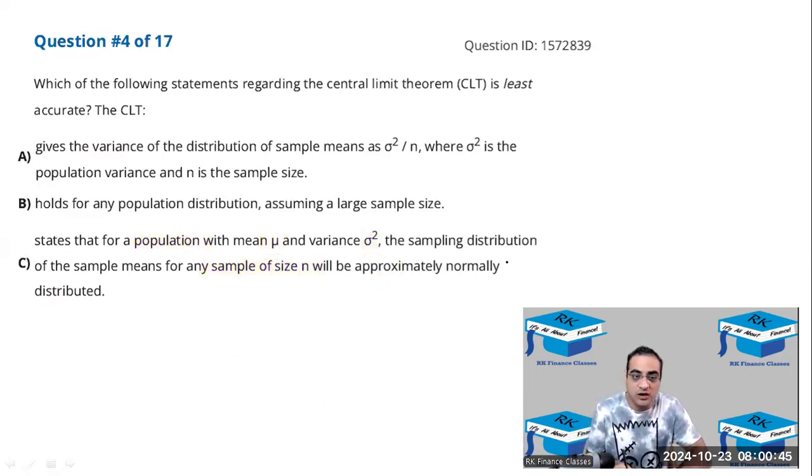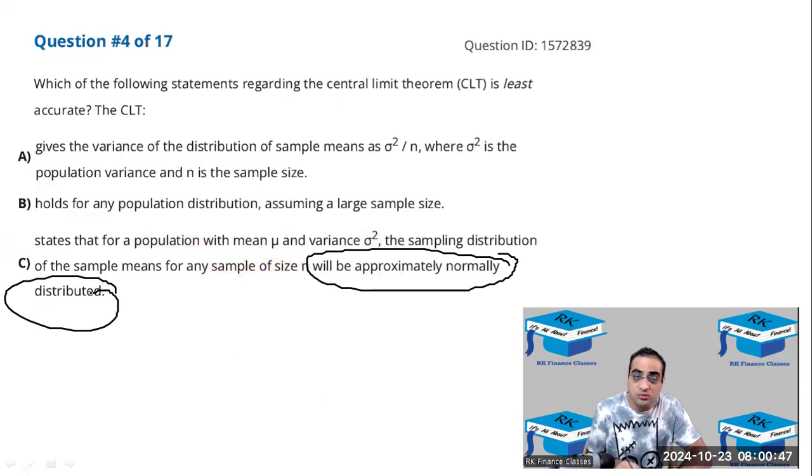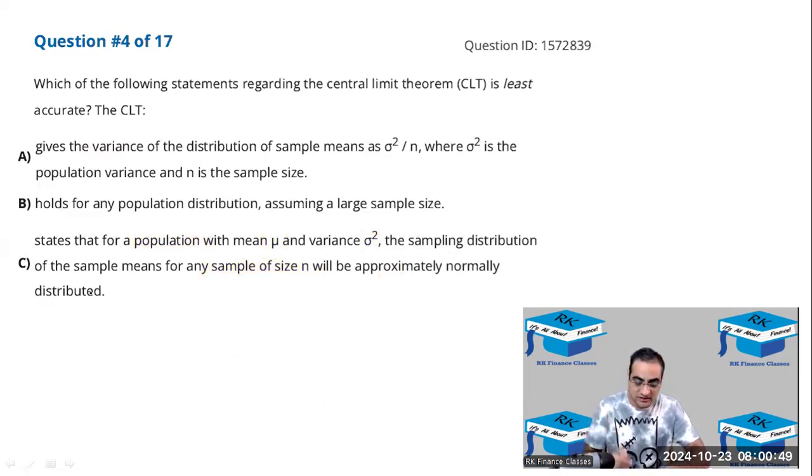So here, this statement, will be approximately normally distributed, this is true if, so actually there are three conditions, I mean three conclusions. Conditions are two: the population should be normally distributed and the sample size n should be 30 or above.